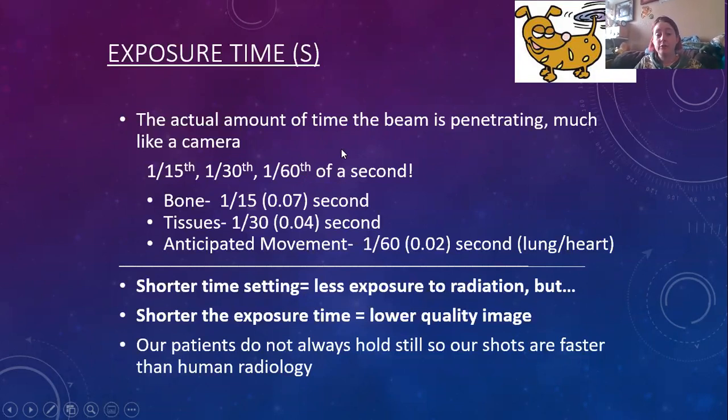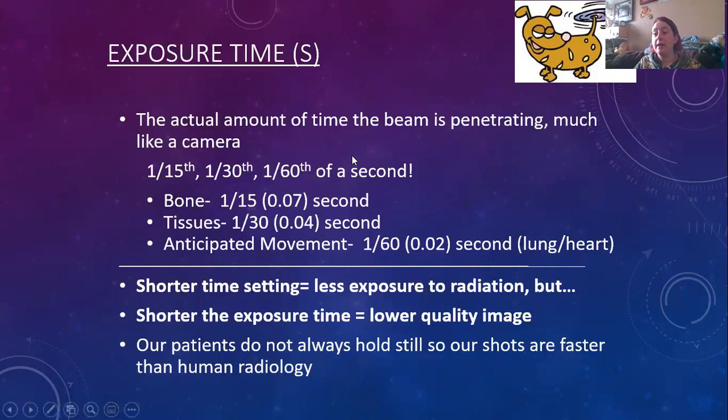If we take tissues, that's going to be a 30th of a second, or 0.04. And then anticipated movement for things like the lung and the heart, or a wigglier animal, we are going to take a faster shot, a 1/60th or 0.02 seconds.